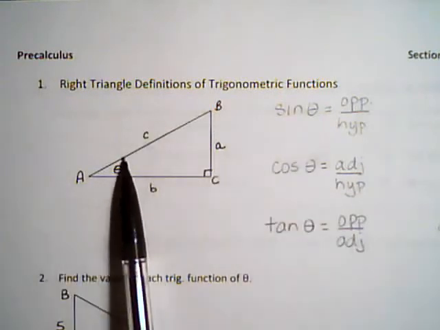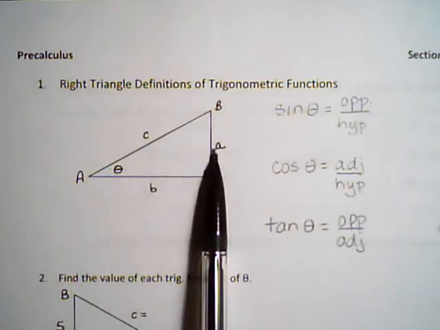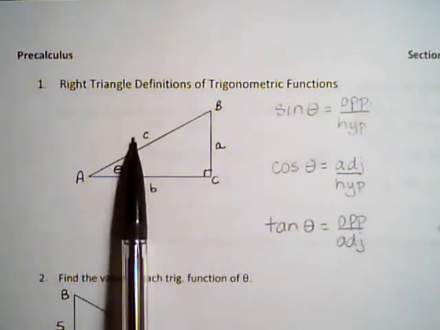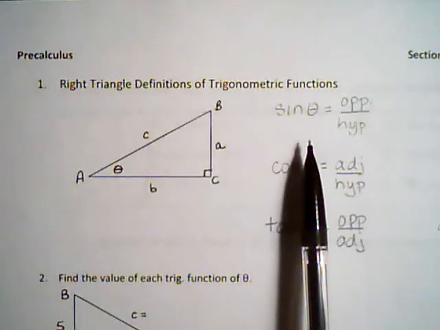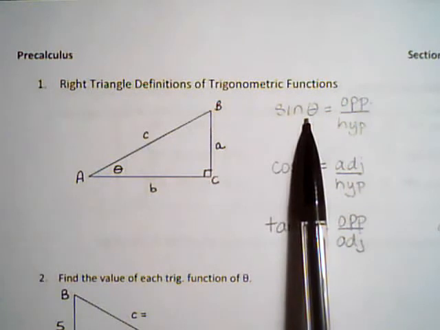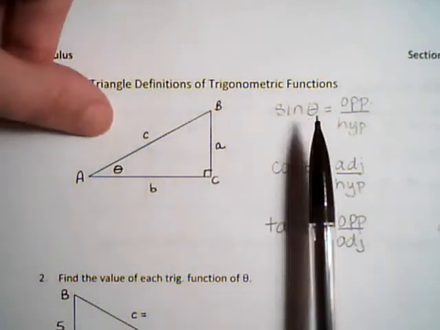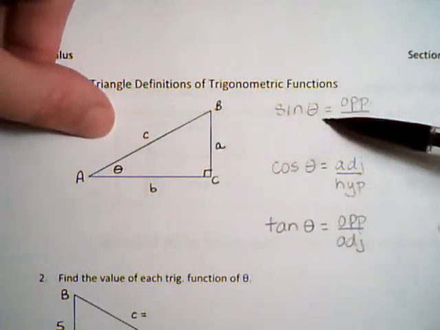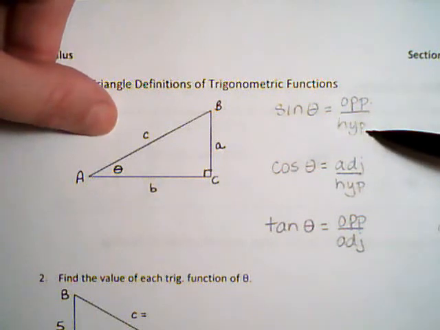So if we're looking at angle theta, we have an opposite side, an adjacent side, and then the hypotenuse. By using our definitions here, the sine of angle theta is always going to be the side opposite the angle over the hypotenuse of the triangle.